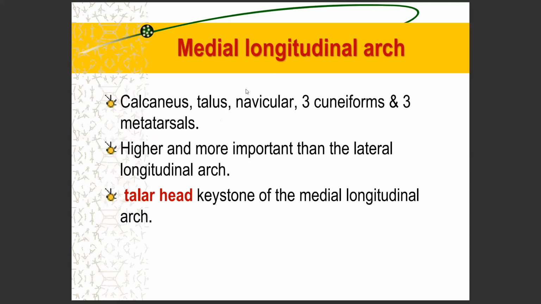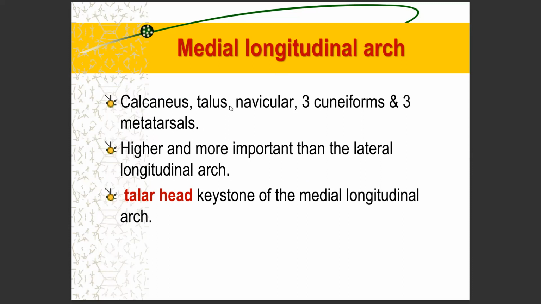The medial longitudinal arch is made of the calcaneus, talus, navicular, three cuneiforms, and three metatarsals. The medial one, the medial metatarsus. If we talk about which bone is not part of this medial longitudinal arch, that is the cuboid, which is actually on the lateral side, the member of the lateral longitudinal arch.